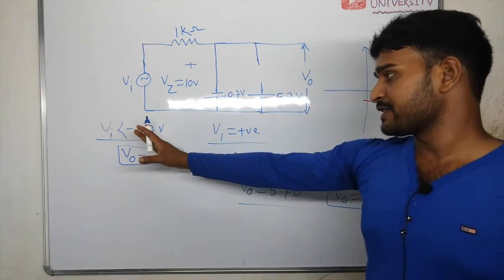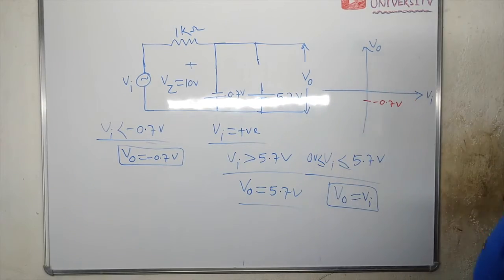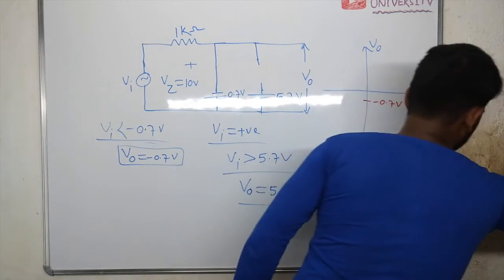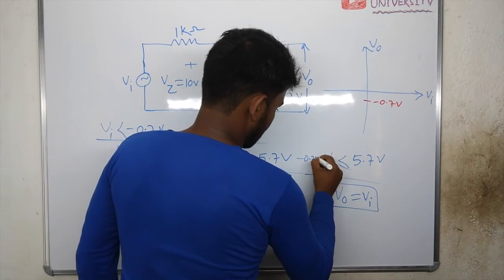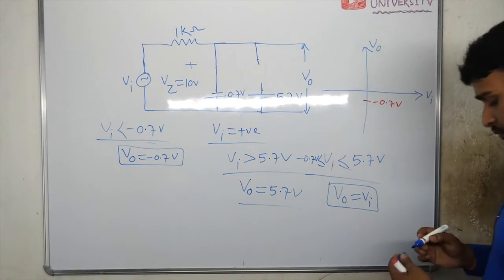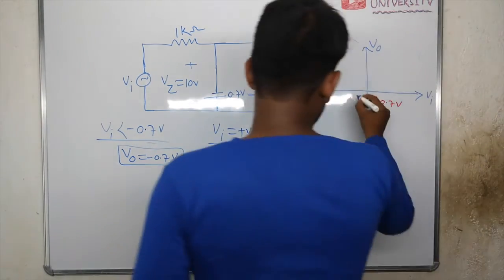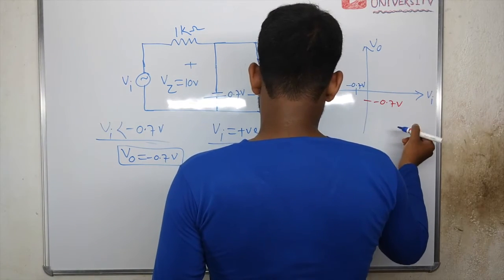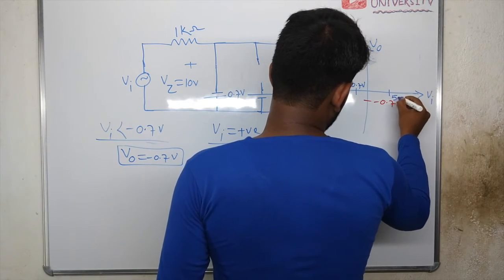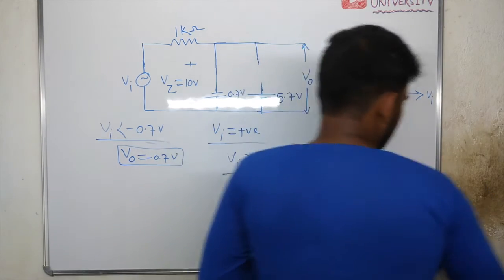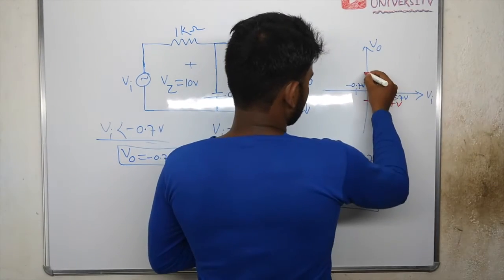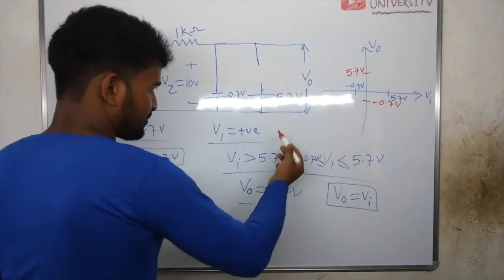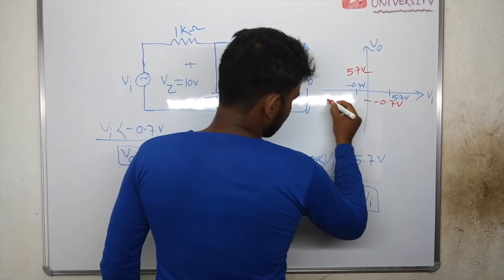And if your input voltage is greater than minus 0.7 volt and less than 5.7 volt, the output voltage is equal to VA. Now plot the output waveform. This is your minus 0.7 volt and this is your 5.7 volt. When input voltage is less than minus 0.7 volt, V0 equals minus 0.7 volt.